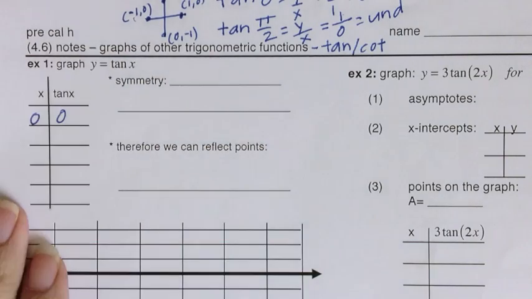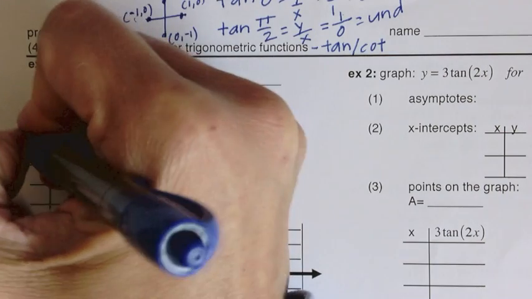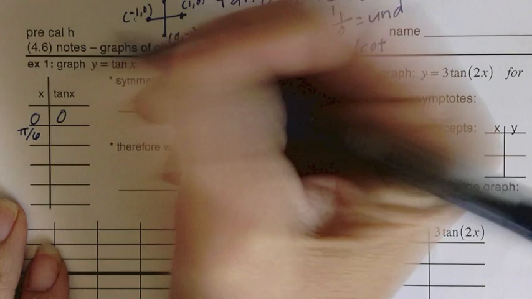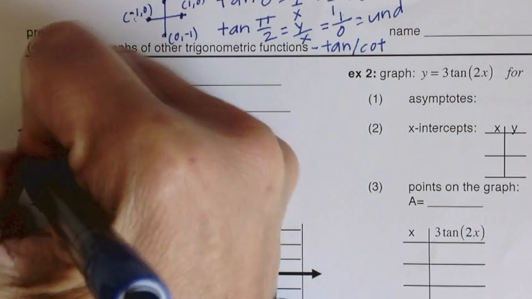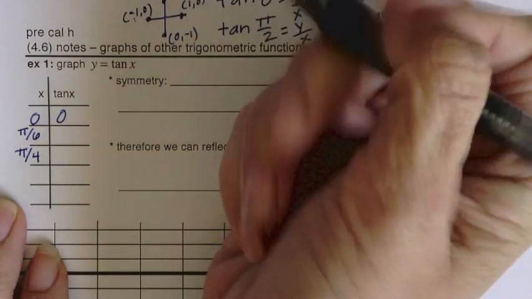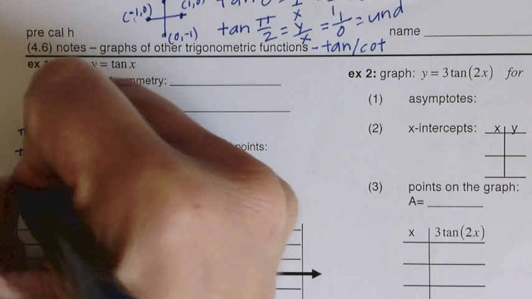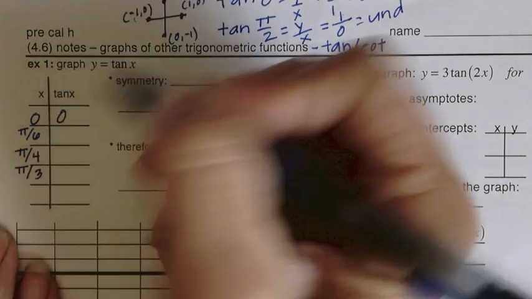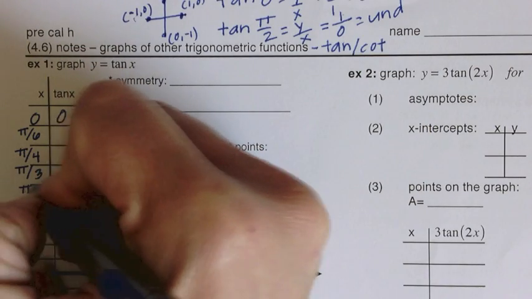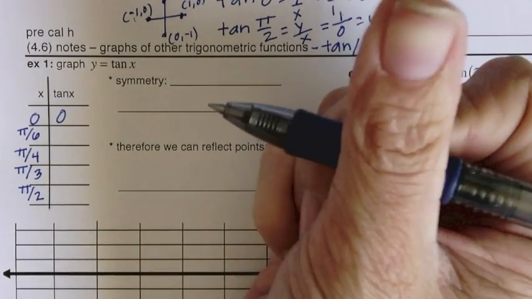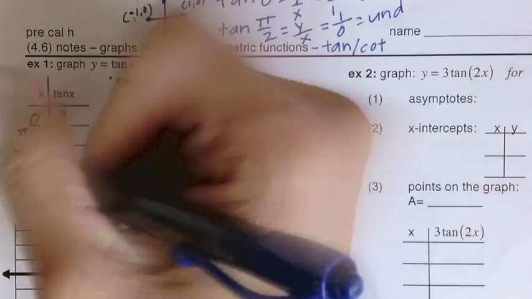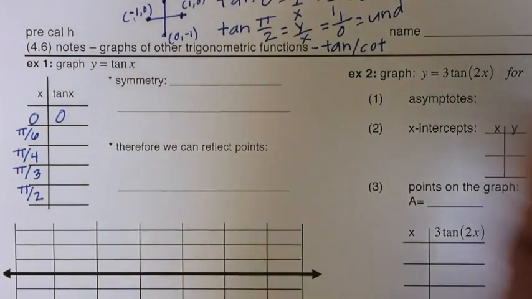So instead what I'm going to do is pick my 30, 60, 90 angles, and my 45, 45, 90 angles, and write them in radian form because that's the more common form. If I do the tangent of pi over 6, we'll just draw that up here real quick.